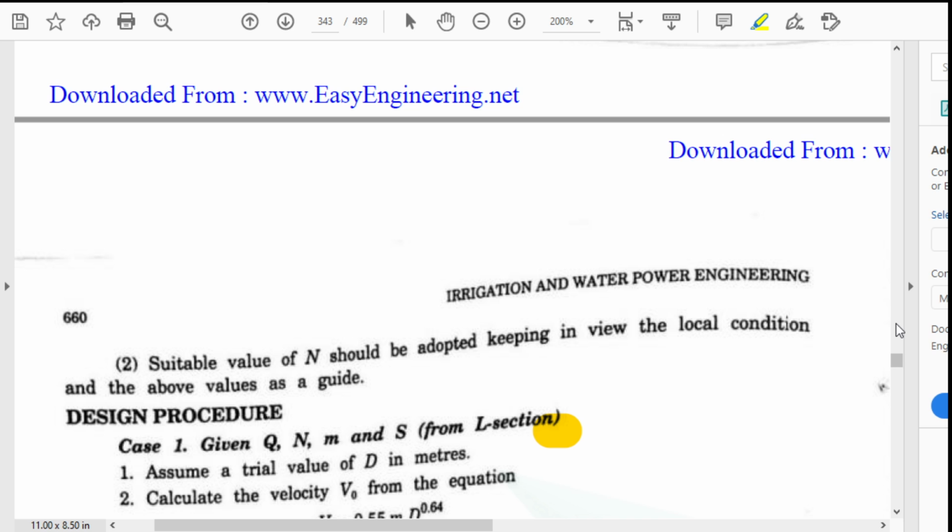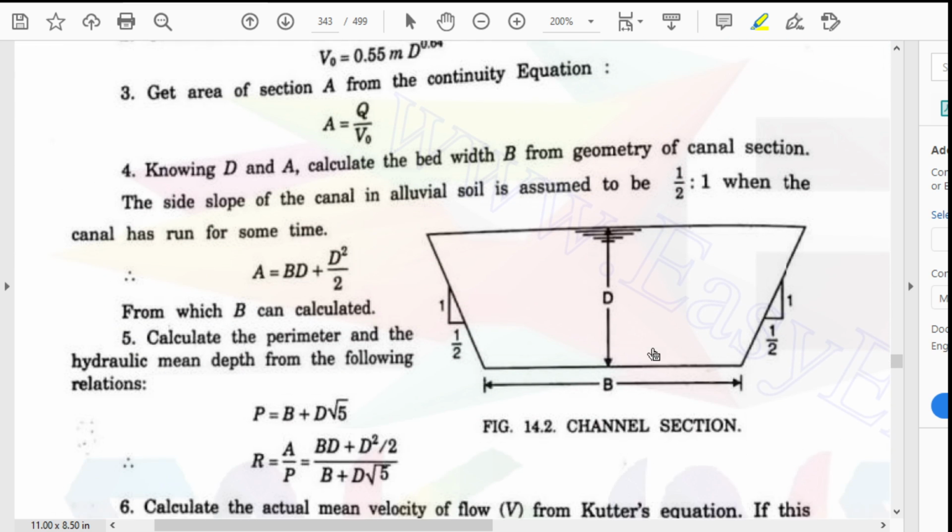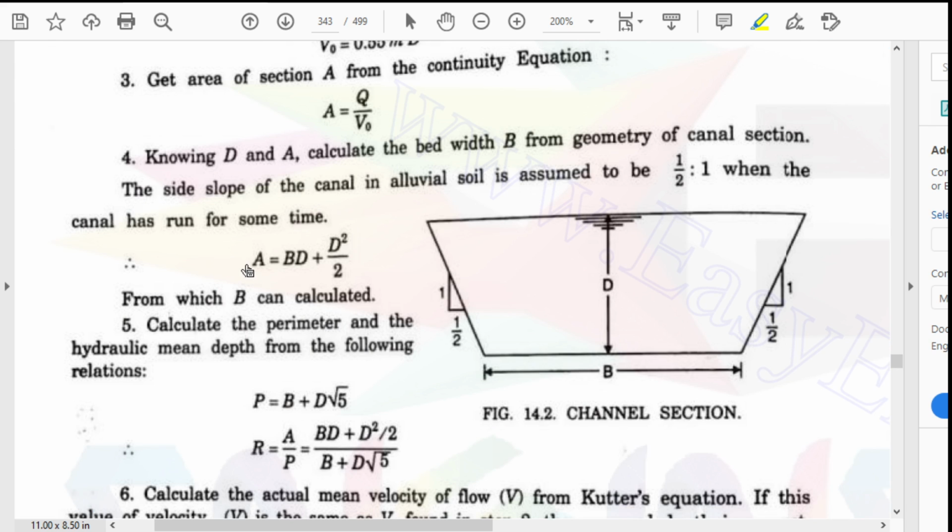The area for this section can be directly found by using the formula A equals B D plus D square by 2. Okay, now up to this you have area also.